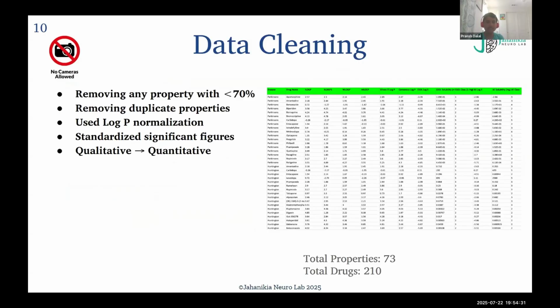And then we also normalized our features using logarithmic scaling, and numeric features were standardized to consistent units and significant figures to make sure there was a fair comparison. Finally, we converted our qualitative data to quantitative data. For example, descriptors such as low permeability were mapped to numeric scales to allow for quantitative analysis.